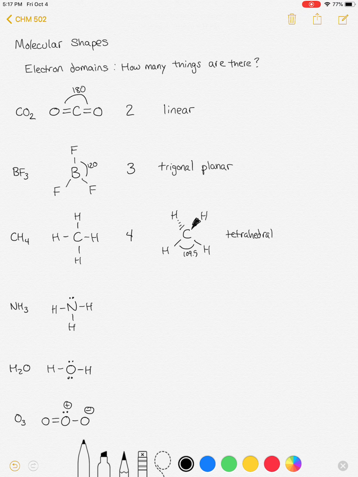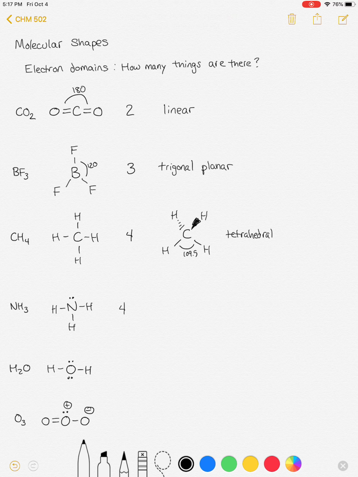Now, the next question is what happens with lone pairs. We can move on to ammonia, NH3, and ask how many things are around that central nitrogen. The lone pairs are things, so they count. So there are still 4 things, and we have a base tetrahedral geometry. However, when we talk about geometry, we're really only talking about the atoms. We don't care about the lone pair.